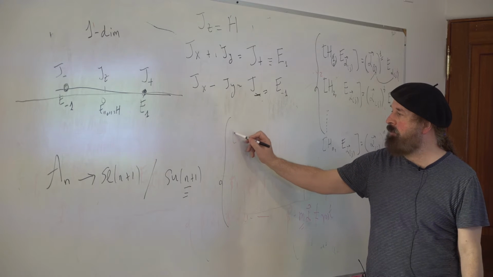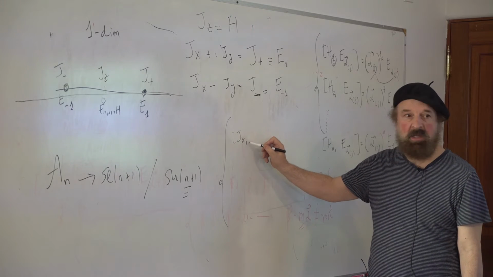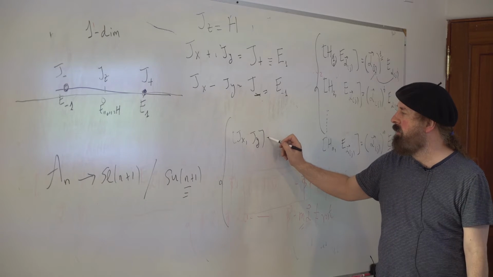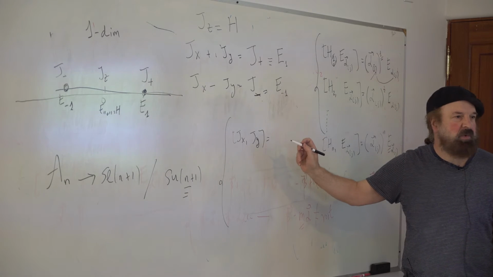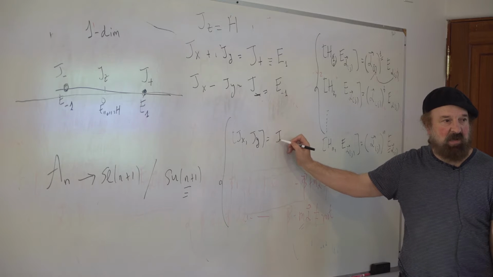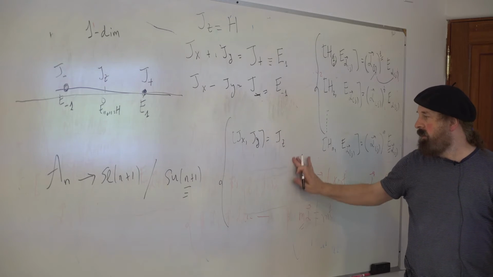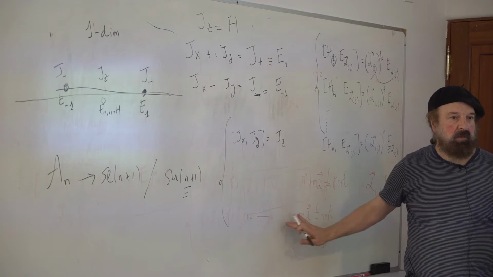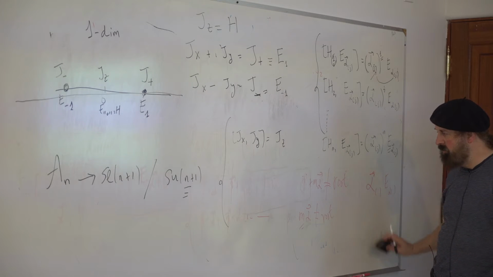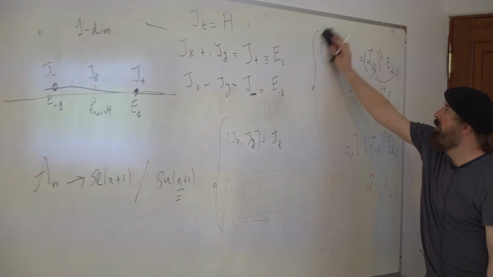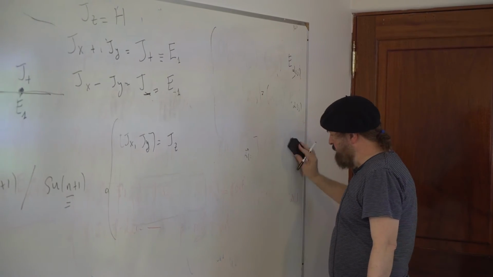Let's suppose I write the commutation relationships like this. Jx with Jy gives me a Jz, right? Yeah, let's write the commutation relationship of the angular momentum, and spell them out explicitly.